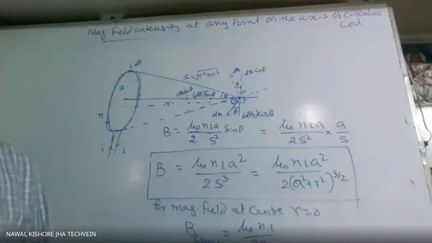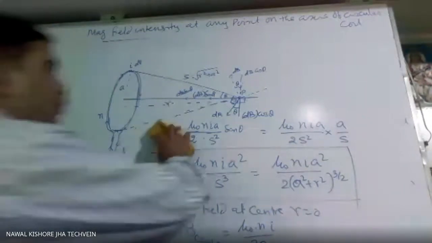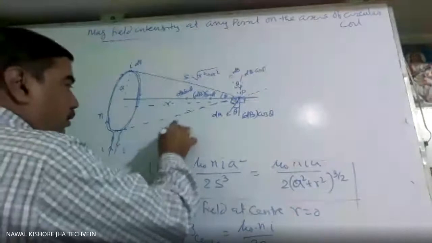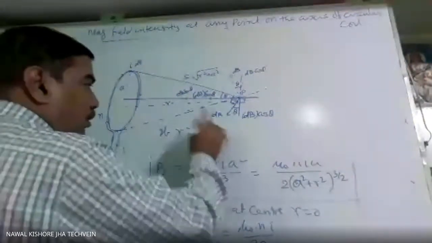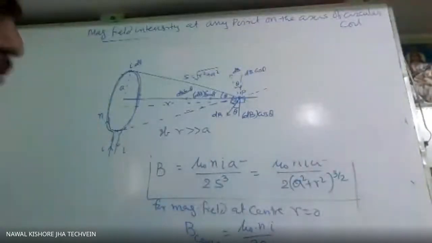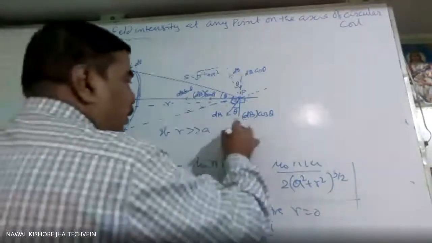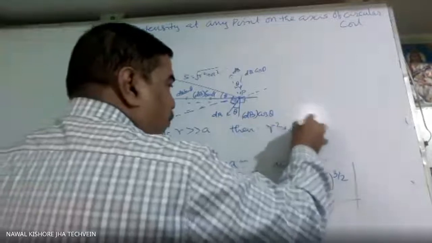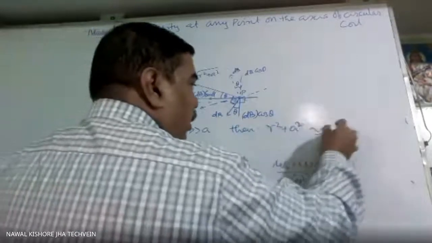Now the other condition is if r is much more than a. The point P is very far from the center. So if r is much more than a, then what will you use? Then this r square plus a square will be approximately r square.